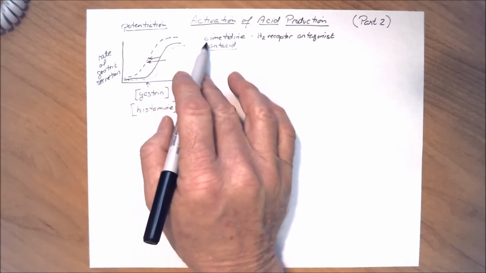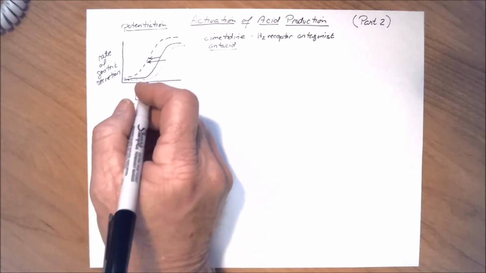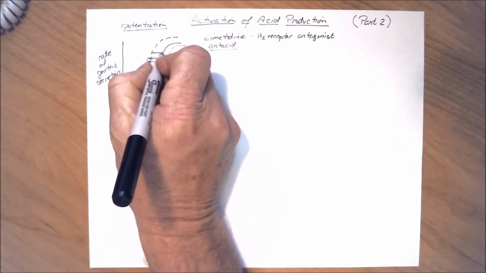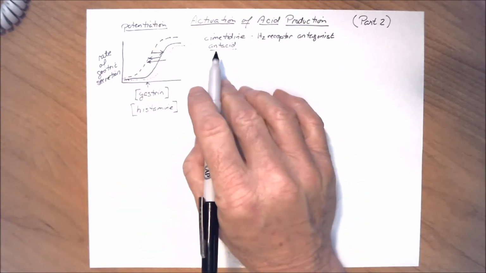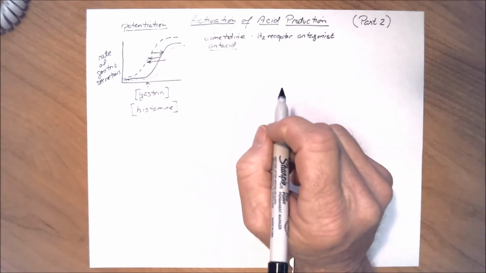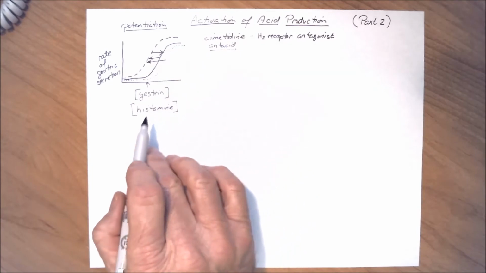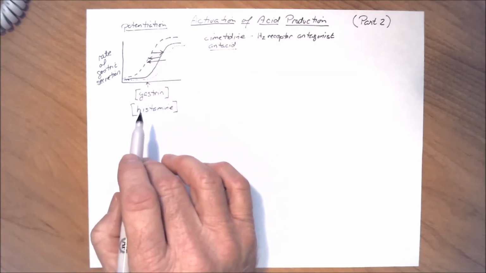So if we give a patient cimetidine, the rate of gastric secretion is going to be blunted back to the level of gastrin, because the patient is still producing gastrin. This is why cimetidine is considered a weak inhibitor of acid production: it only blocks one of the effectors, and in fact the weaker of the effectors.